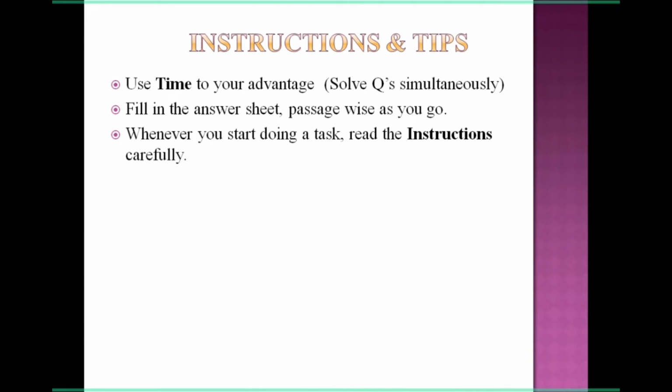Whenever you start doing a task, read the instructions carefully. That thing is very important. Sometimes I have seen many students facing the problem in fill in the blanks type question. There is an instruction like write 2 words only, and some students write 3 words in that blank. So that is inaccurate answer.